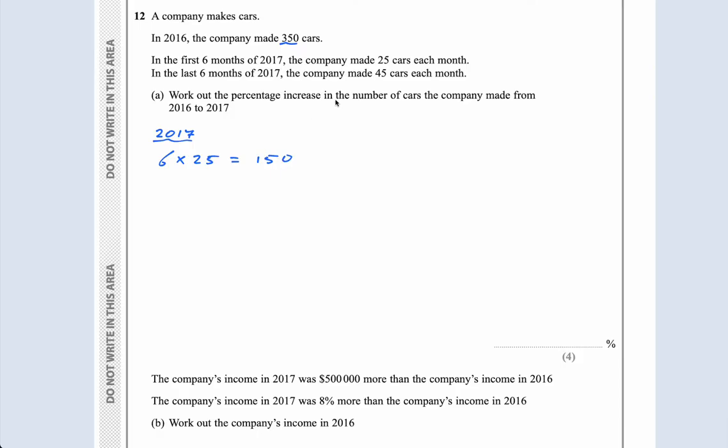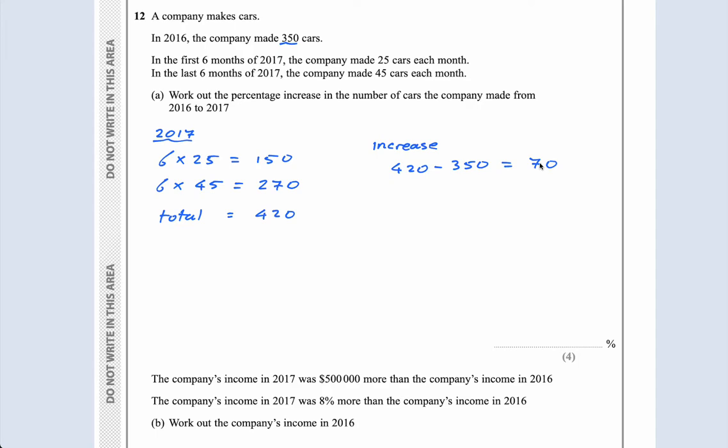And then they did 45 cars a month for the next 6 months. So 6 times 45. Again guys, use your calculator. I'm going to say it's 90 times 3, which is 270. So the total equals 420. So they did sell more cars in 2017. Now I have to get the percentage increase. What was the increase? 420 minus 350 equals 70.